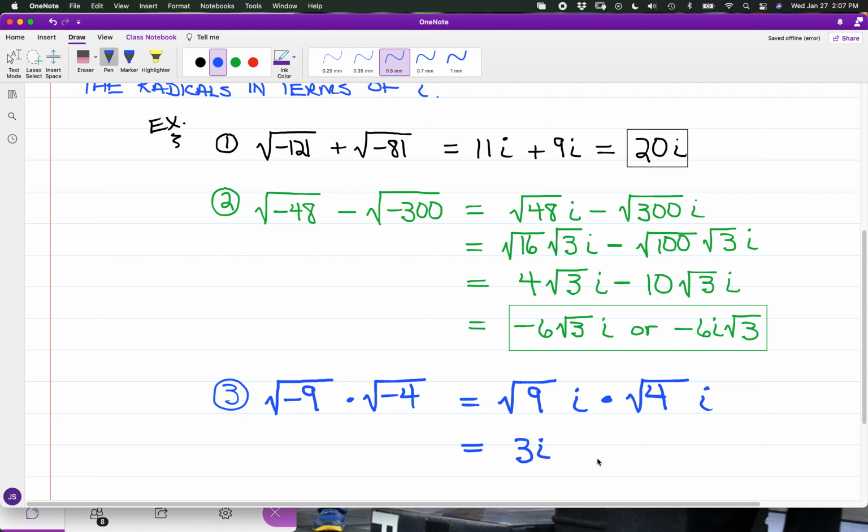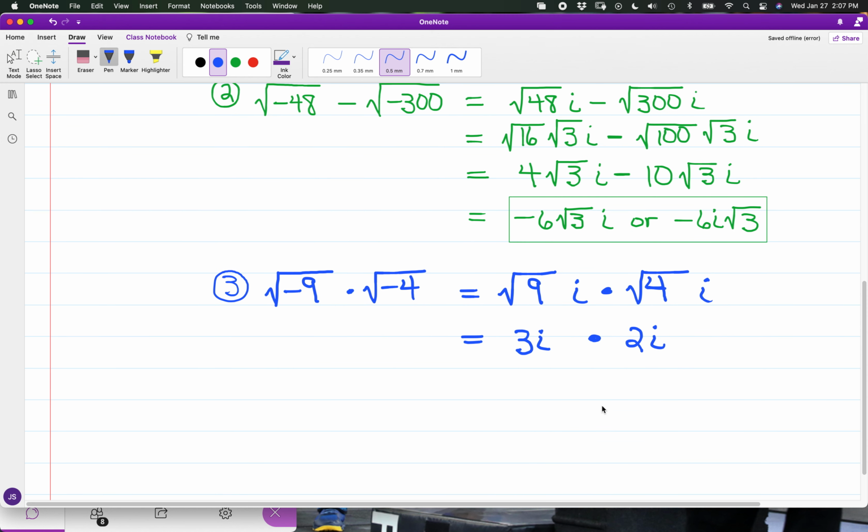So we have 3i times 2i. In taking the product, 3i times 2i will be 6i squared. And remember, i squared is equal to negative 1.